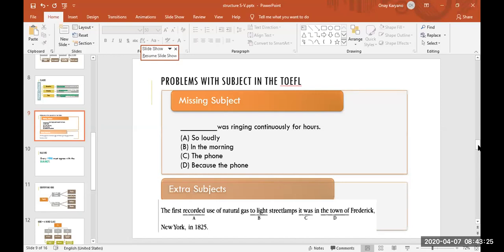And second, we have extra subjects. In the TOEFL test, the subject is mostly in the form of a phrase or clause, or later on you will find an appositive or something like that. So sometimes they will distract you with a sentence as if it is already correct, like this.